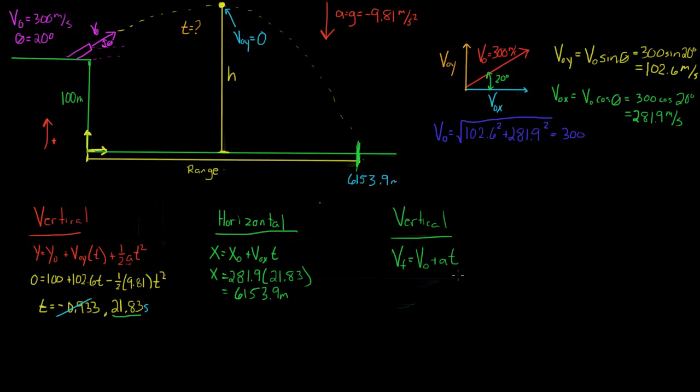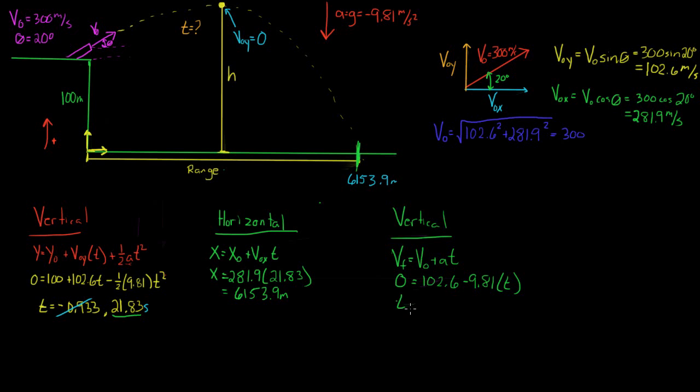And we know everything here except for time. So if we solve for this equation, we get our final velocity 0 is equal to our initial velocity, which is 102.6 minus 9.81 times some time. And this time right here is the time it takes to get to its highest point.